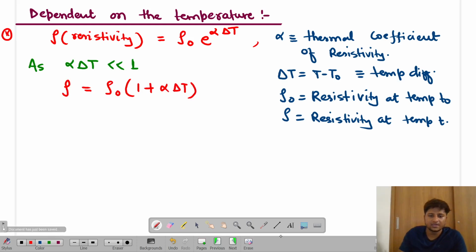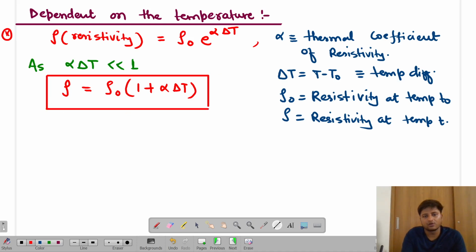What does this mean? My resistivity is dependent on temperature. For higher temperature, it is exponentially dependent. For lower temperature, it is linearly dependent. Yes, less than 1000 degrees centigrade.